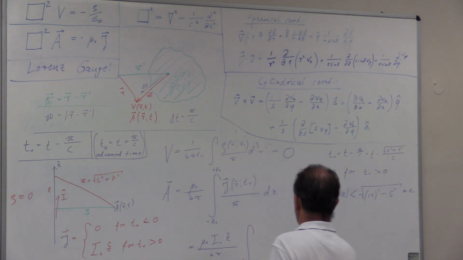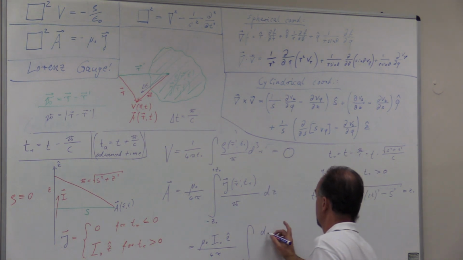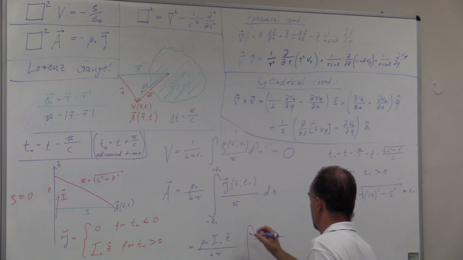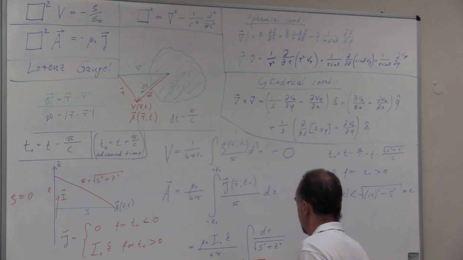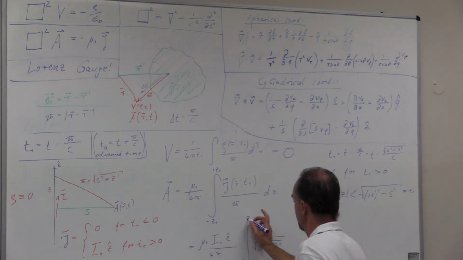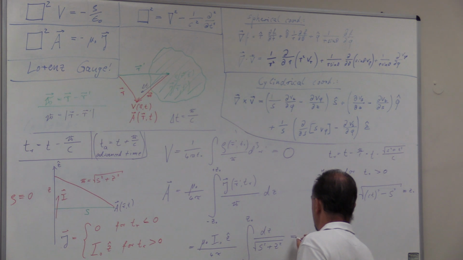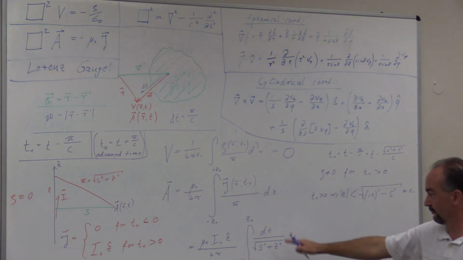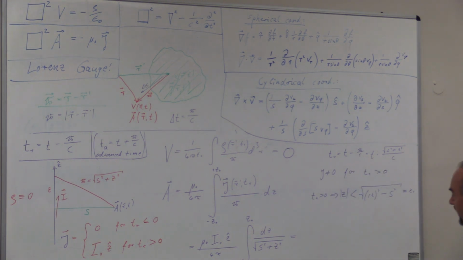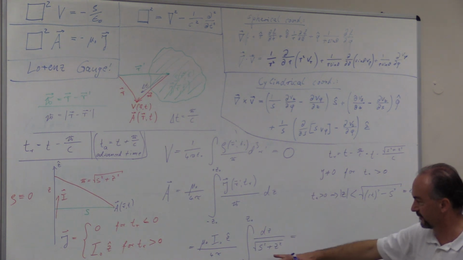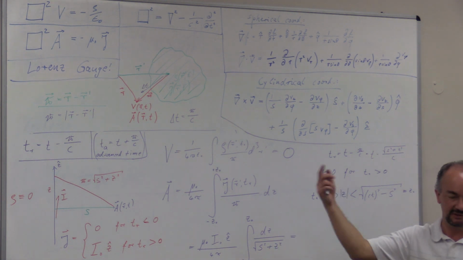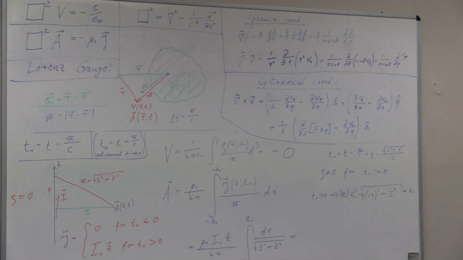You integrate only dz over r, which is the square root of s squared plus z squared, from minus z naught to z naught. And that one can easily calculate, so you can look this up. I don't expect anybody to remember these kinds of integrals, since there are sine hyperbolica, so you can write it in terms of a logarithm.